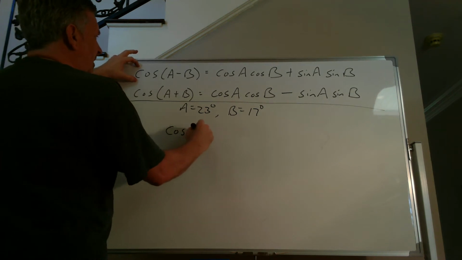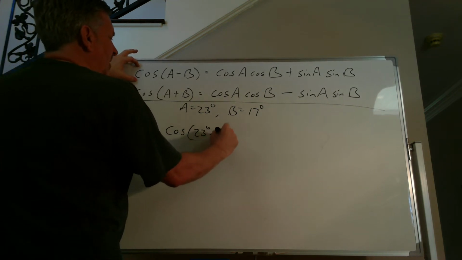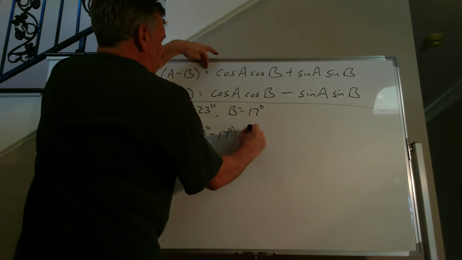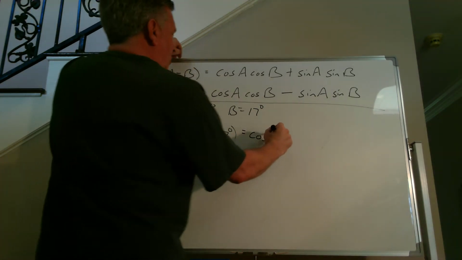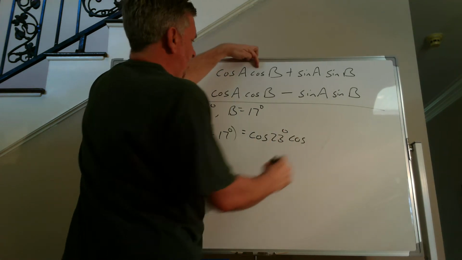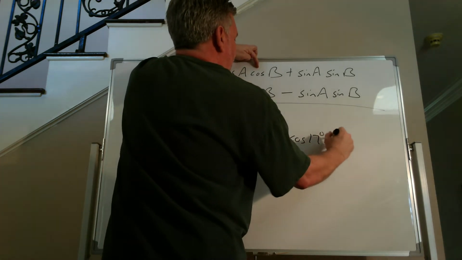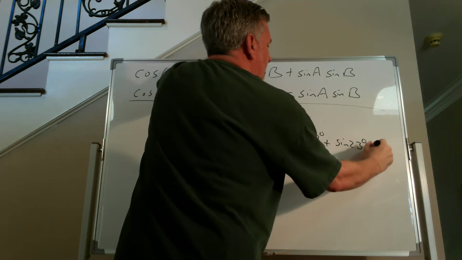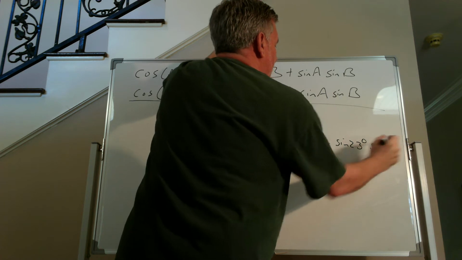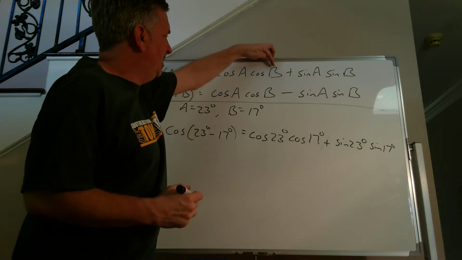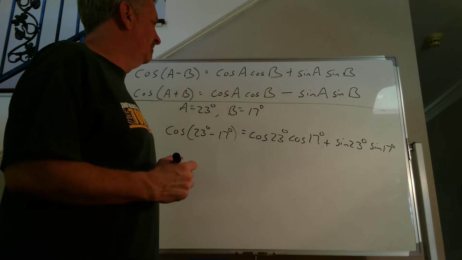So cosine of 23 degrees minus 17 degrees, that's this, is equal to cosine of 23 degrees, cosine 17 degrees, plus sine of 23 degrees, sine of 17 degrees. So everywhere there's an A, I put 23 degrees. Everywhere there's a B, I put 17 degrees.